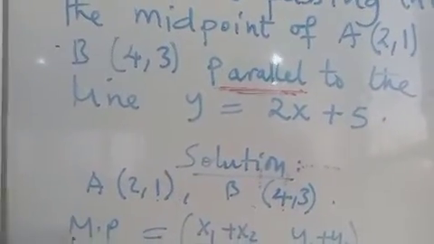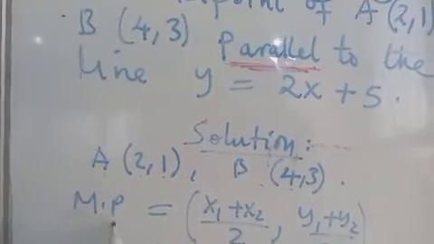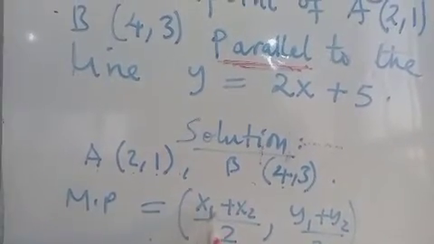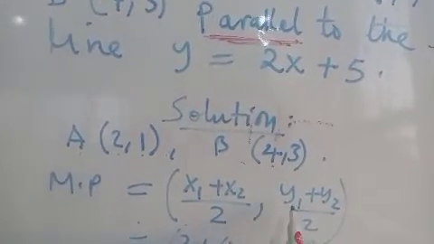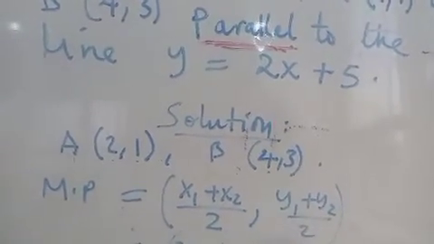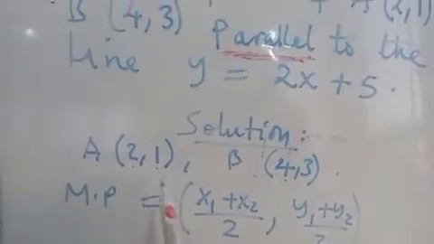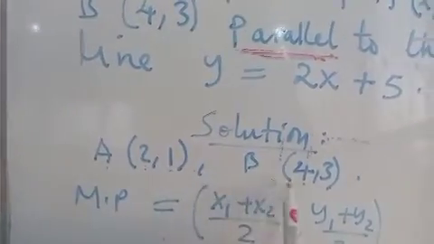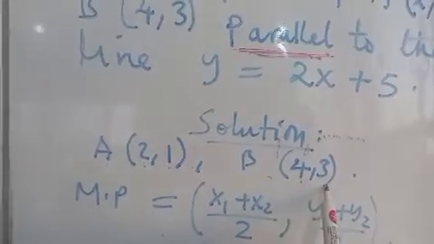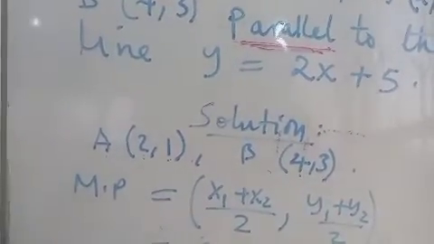We know that the formula for finding the midpoint is ((x1 + x2)/2, (y1 + y2)/2). This is x1, this is y1, this is x2, and this is y2.